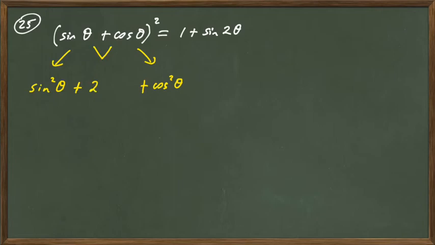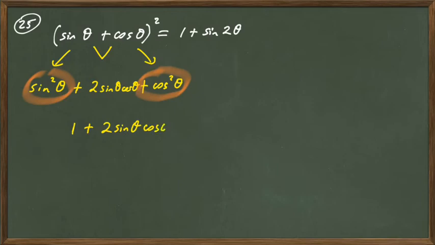So 2 sine cosine. And I'm basically there. What is sine squared plus cosine squared? Plus 2 sine cosine. And that matches?